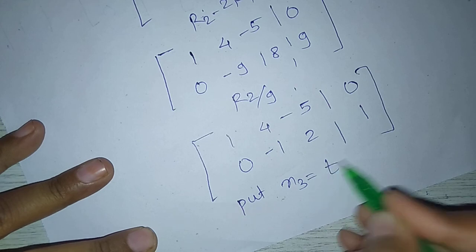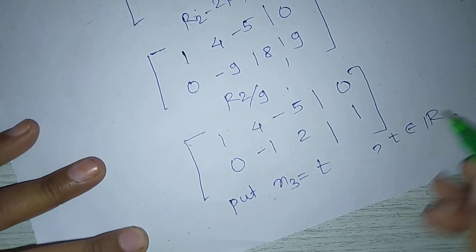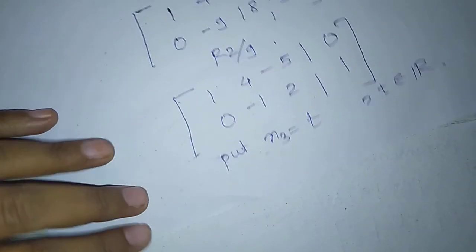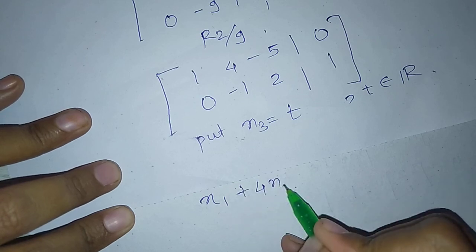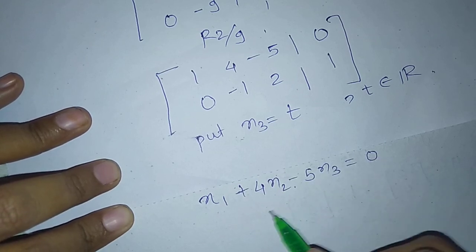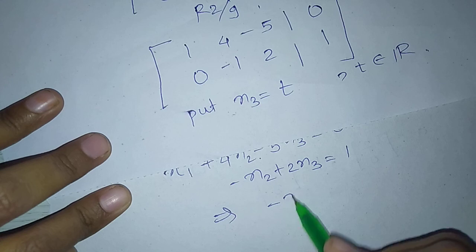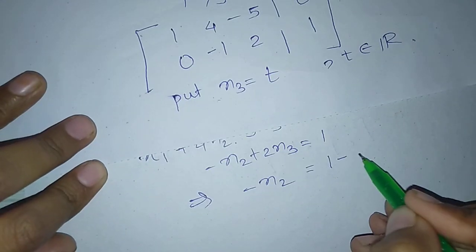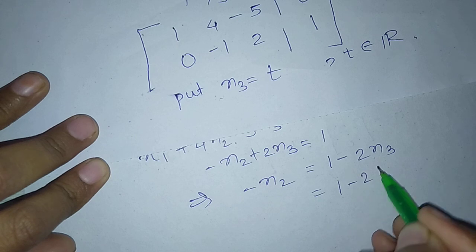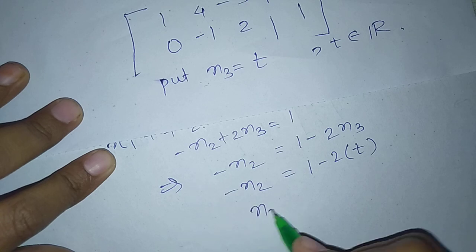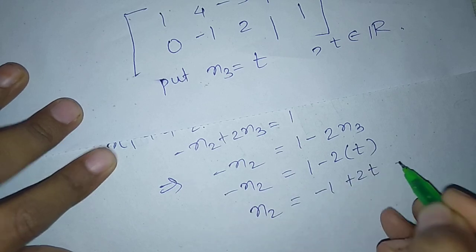So x3 equal to t, where t belongs to R. From this matrix we get the equations x1 plus 4x2 minus 5x3 equal to 0, and minus x2 plus 2x3 equal to 1, which implies minus x2 equal to 1 minus 2x3, that is 1 minus 2t. Minus x2 equal to 1 minus 2t means x2 equal to minus 1 plus 2t.